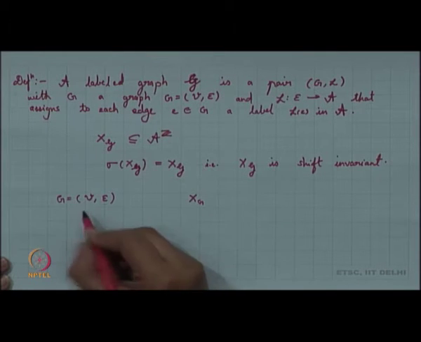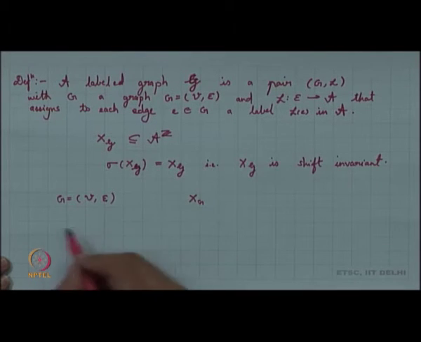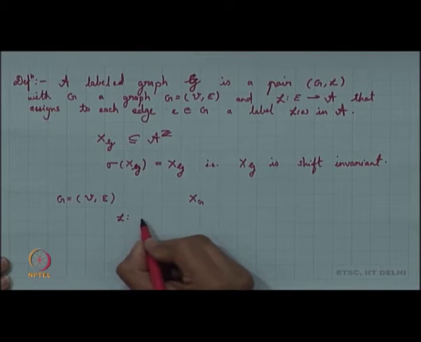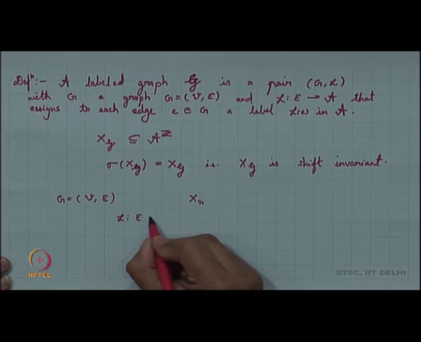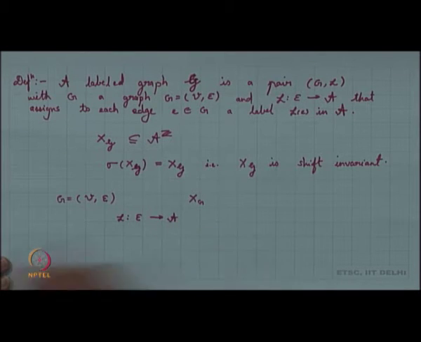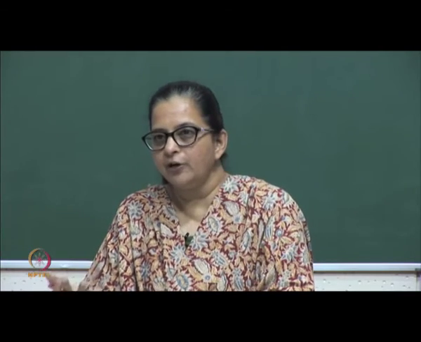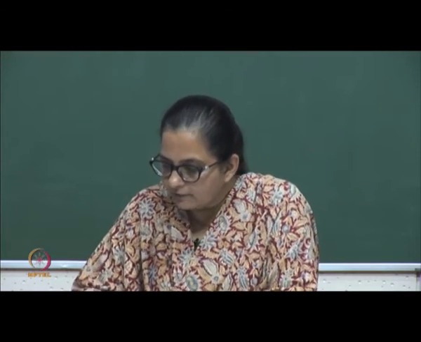Now, think of this edge shift and the space XG. What we find here is that between E and A there is some kind of labeling. So, L is giving us a function between E and A. We could think of L to be a block code, in fact a one block code, since each edge is being labeled by A. So, L is a one block code.